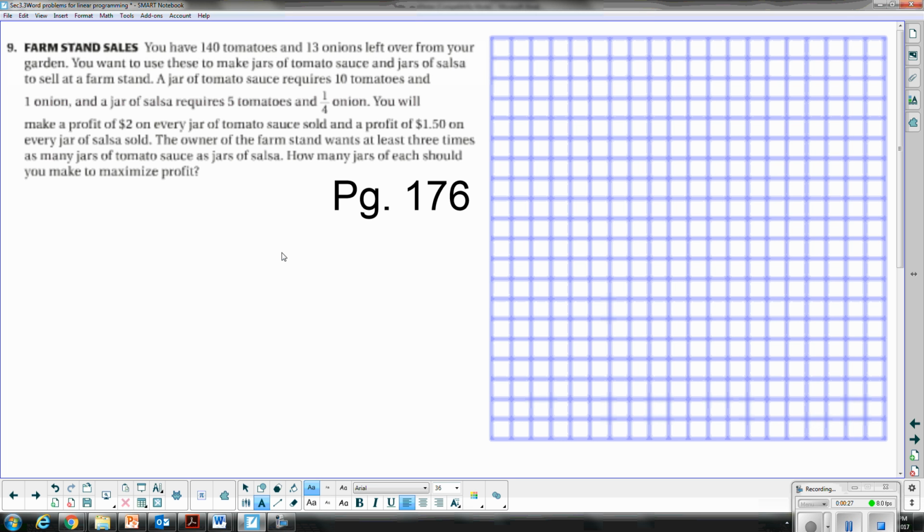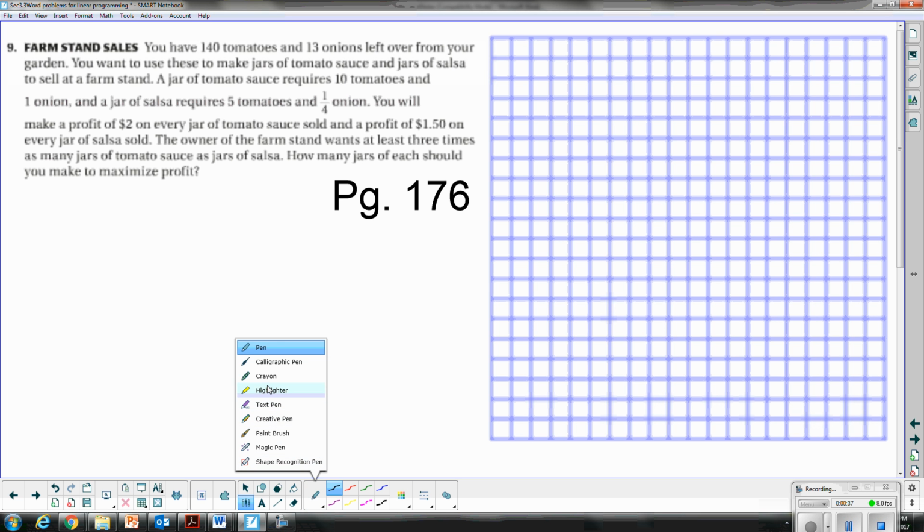So the first thing, you got to read the problem and figure out what it is actually asking you. In this particular question, it's asking how many jars of salsa and how many jars of tomato sauce should we make in order to maximize profit.